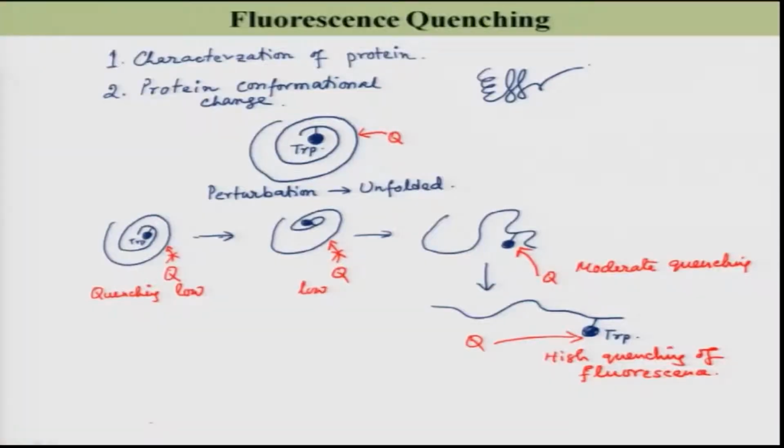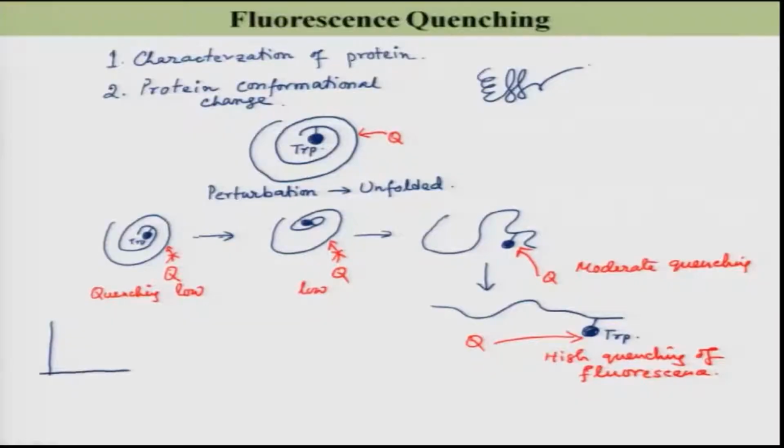In this case, if I now plot the quenching, I can plot the Kd, because this is a typical dynamic quenching. If the Kd value is more, you remember here, when I plot I0 by I versus Q, I get a straight line with intercept equal to 1 and my slope is Kd.